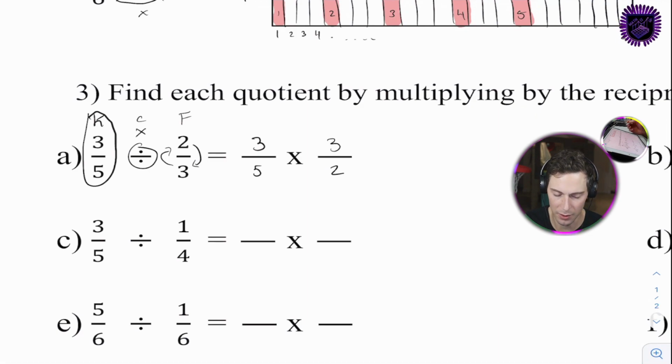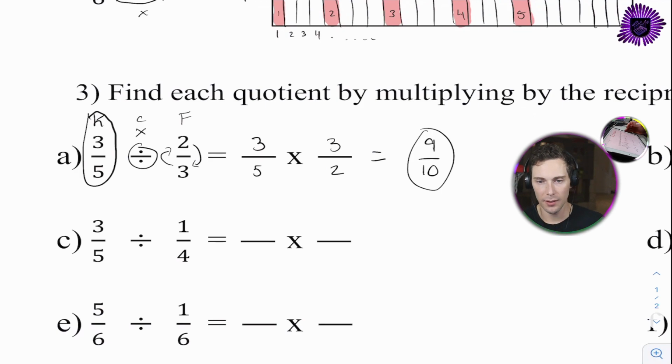So once you know this, you can multiply across, get our answer of 9/10. We can't simplify 9/10. That's just our answer.